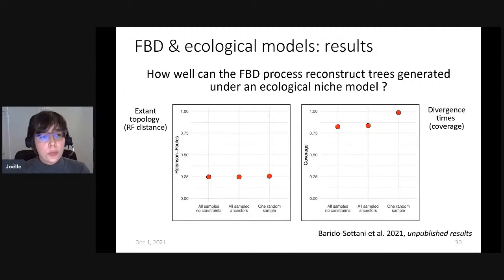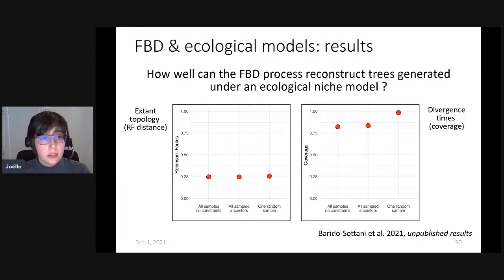And our preliminary results, here we're showing the Robinson-Foulds distance on the extant topology. So note that this isn't the Robinson-Foulds distance on the full topology. We're just looking at how well we can reconstruct the tree of the extant diversity. And then we have the coverage on the divergence times.